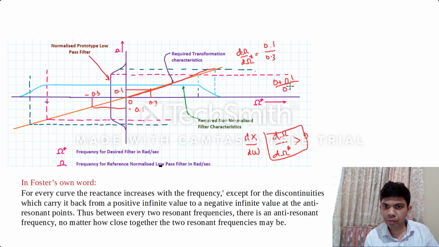So again we get a positive number for d omega by d omega star. So d omega by d omega star is greater than 0 in the first quadrant of the characteristics and also in the third quadrant of the characteristics. As the condition is fulfilled, we can say that this characteristic is realizable.